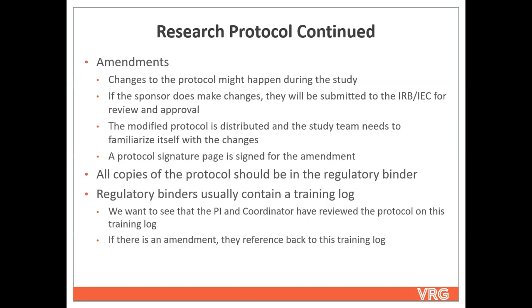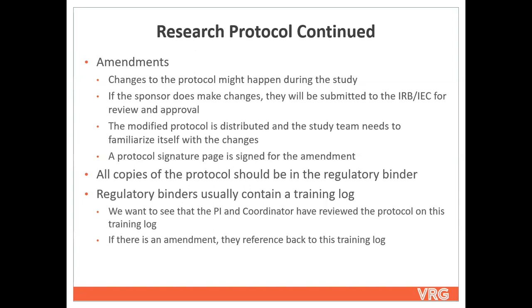And the modified protocol is then distributed to the agencies that participate. And the study team, of course, needs to familiarize themselves with the changes made. And typically, again, there's a signature page that is signed off for the amendment as well to ensure that everybody has read the changes.